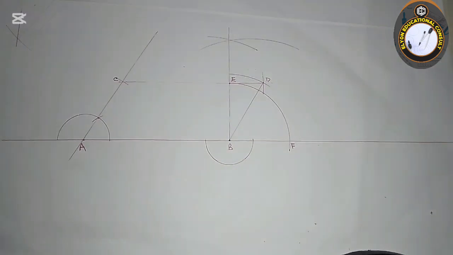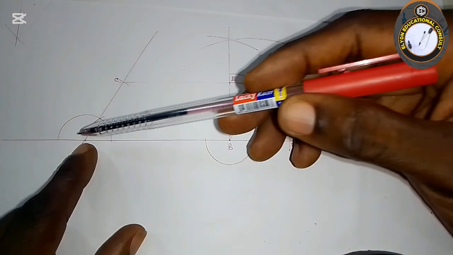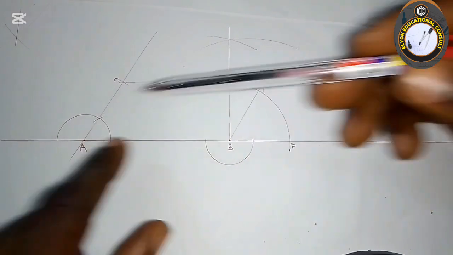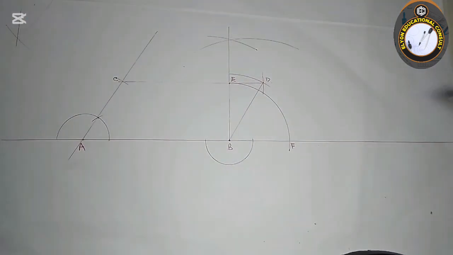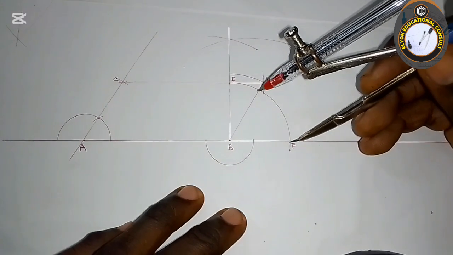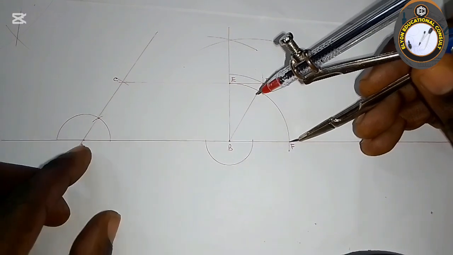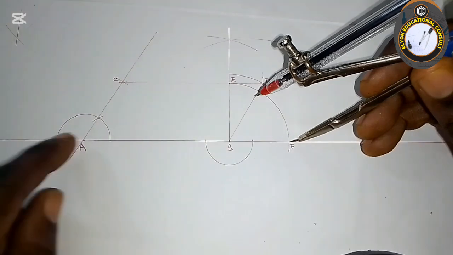The next thing we're going to do is bisect line AF to get the midpoint, which I will use to draw a semicircle. Placing at point F, I want to bisect line AF.